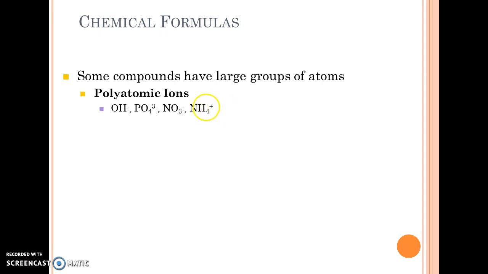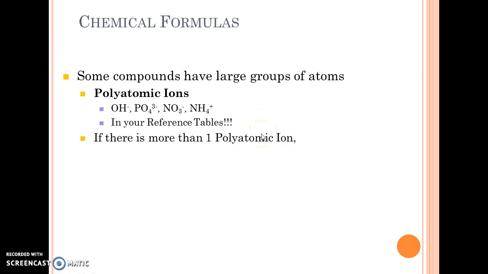This is the only polyatomic ion on your list of ions that has a positive charge. So like I said, these are in your reference tables on page 7. You are not expected to memorize these ions. You are expected to be able to recognize that you have them in your chemical formula.